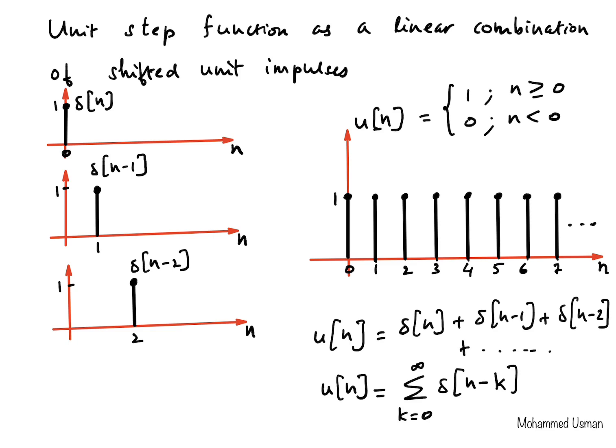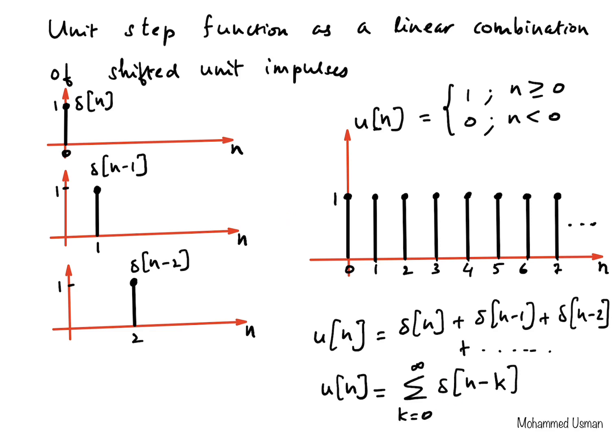Therefore, basically what we're trying to do is, if we are able to represent any signal in terms of simpler signals, and we know the output of a system for the impulse, then we can also find the output for any other signal represented with impulses. By the superposition property, if I know the output for delta of n, delta of n minus 1, delta of n minus 2, and so on, then the overall output will be the output of delta of n plus the output of delta of n minus 1, weighted by the same factors.